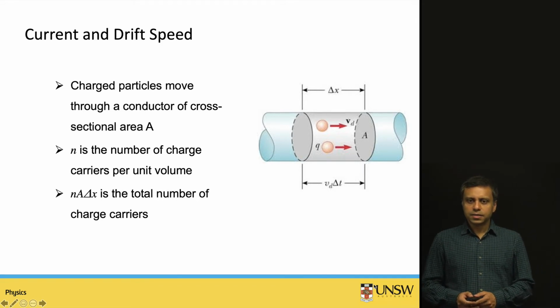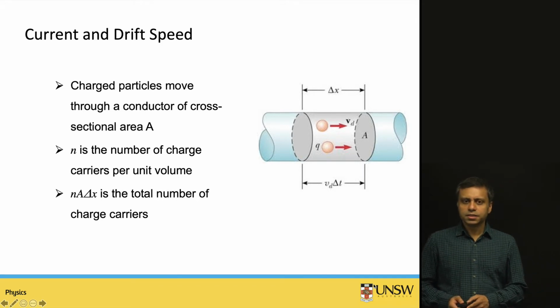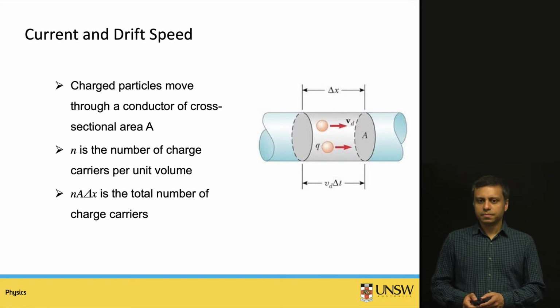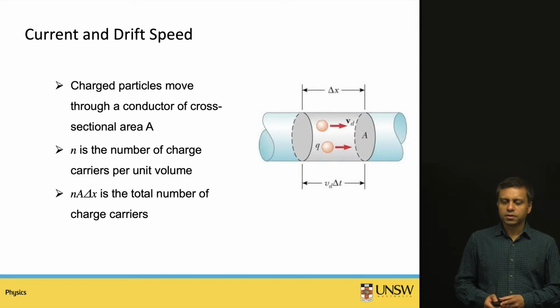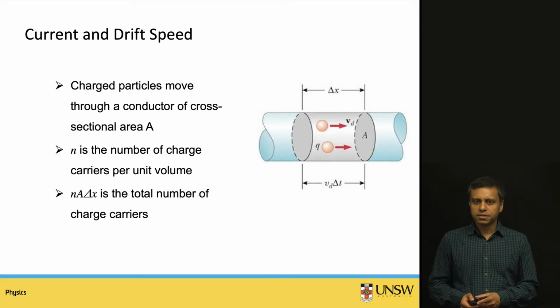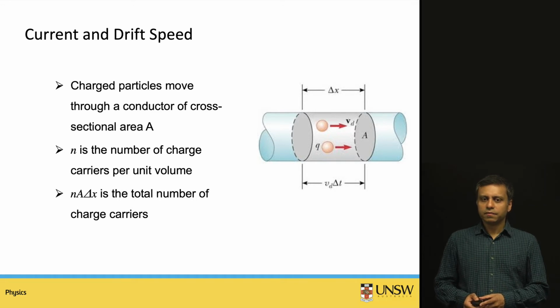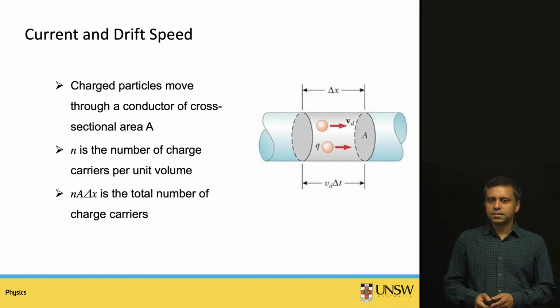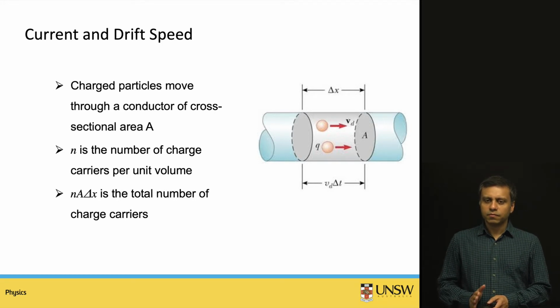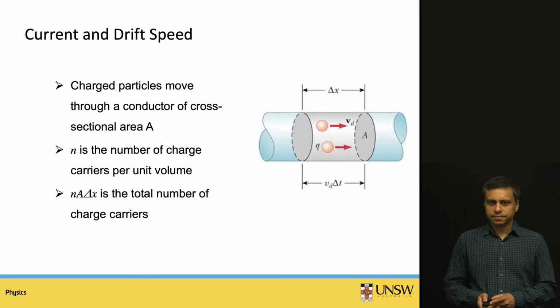And now let us work out the relationship between current and drift speed. We will begin by assuming that there is a wire of cross-sectional area A, as shown in this figure, and suppose there are n number of carriers within some length delta x. These carriers are flowing perpendicular through A in a time given by delta t.